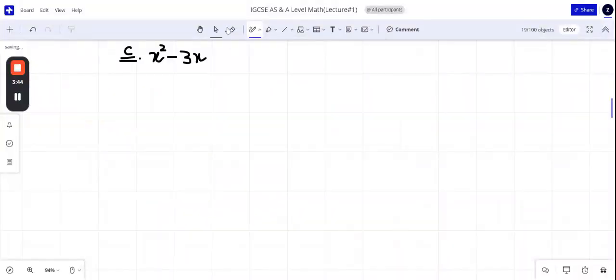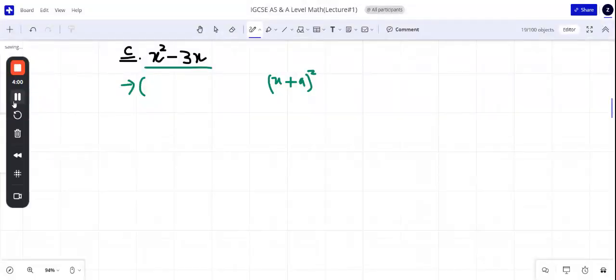So part C is x² − 3x. The required form is (x + a)². So this means completing square. Complete square form we need to make. So by using the completing square method we can solve it.